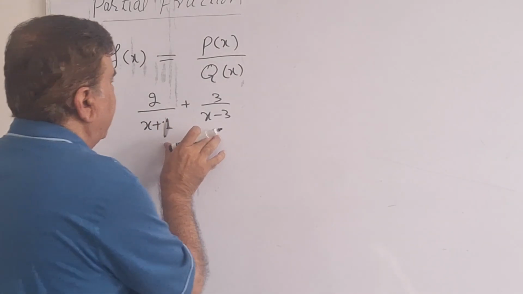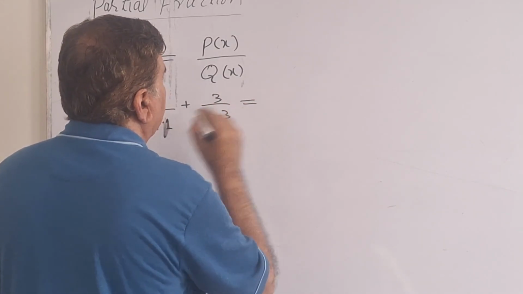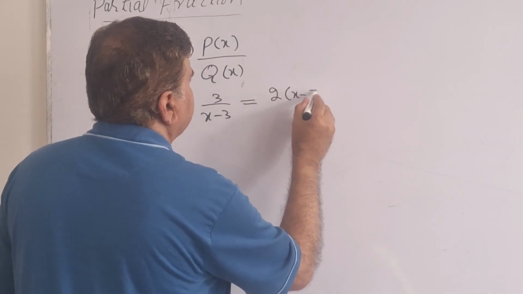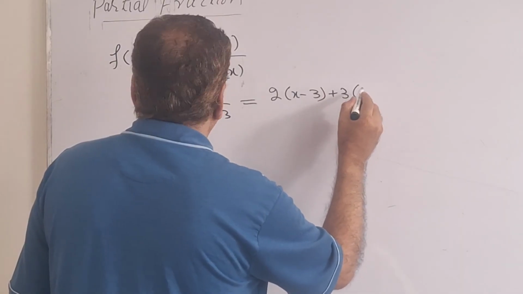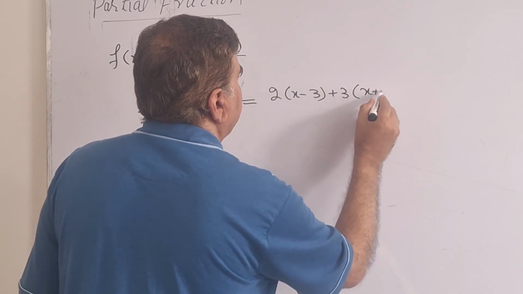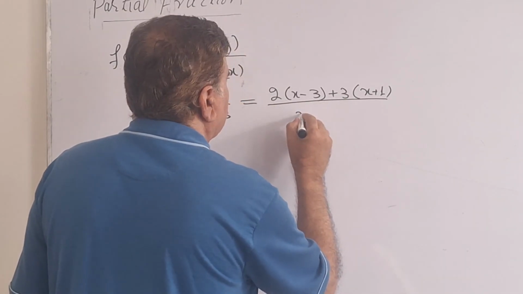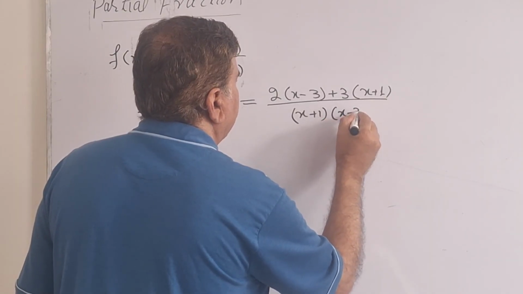We do that by first finding the common divisor. So taking the LCM, I can write this as 2 times x minus 3 plus 3 times x plus 1, and then dividing this by x plus 1 into x minus 3.